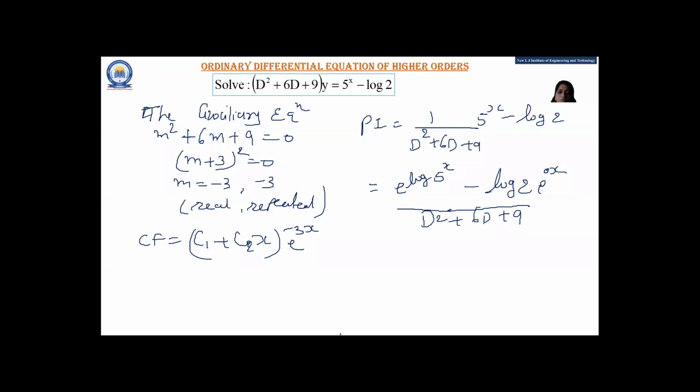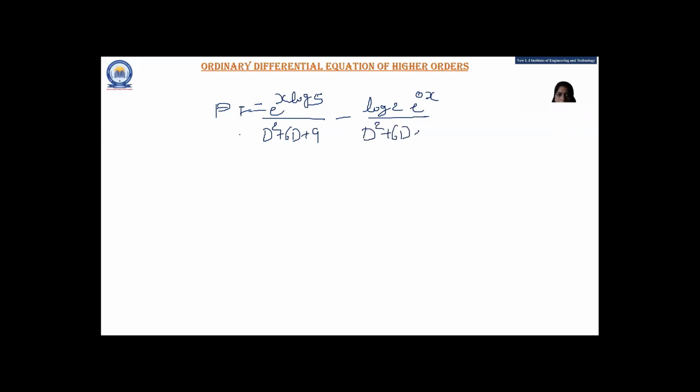So the next step, as per the rule of the logarithm, if I put this x in the multiple of log 5, then my next term of PI is e raised to x log 5 upon d square plus 6d plus 9, minus log 2 e raised to 0x upon d square plus 6d plus 9.